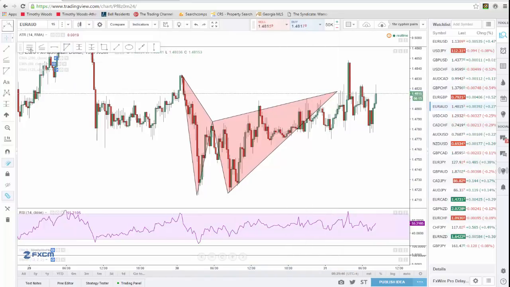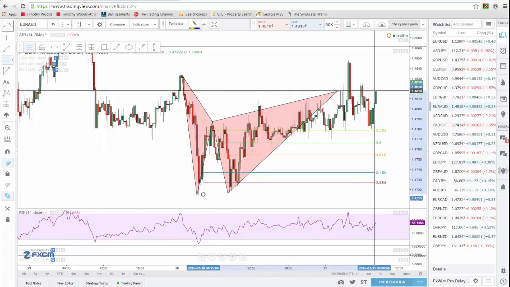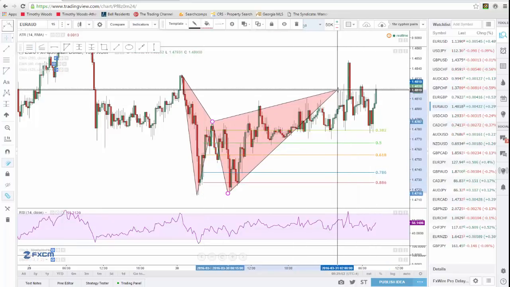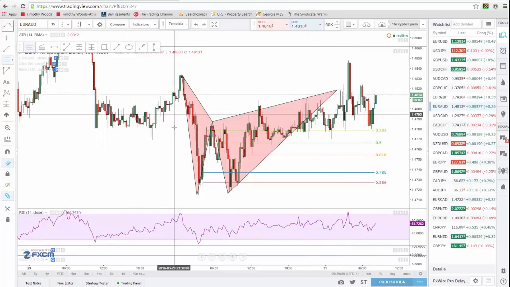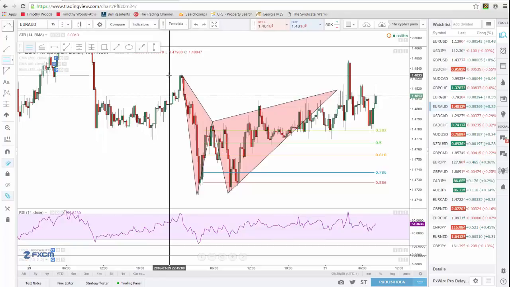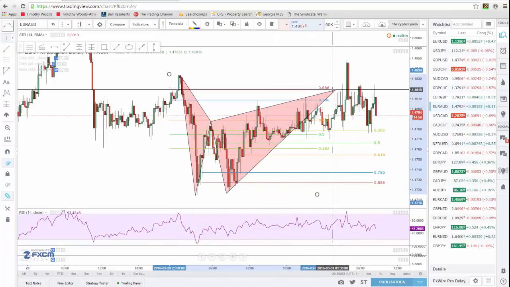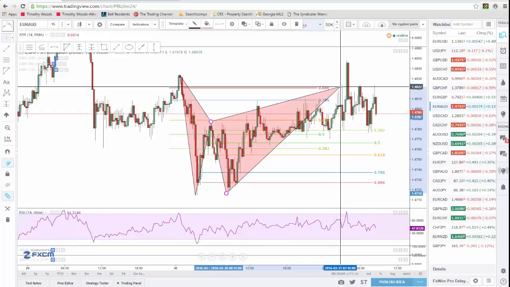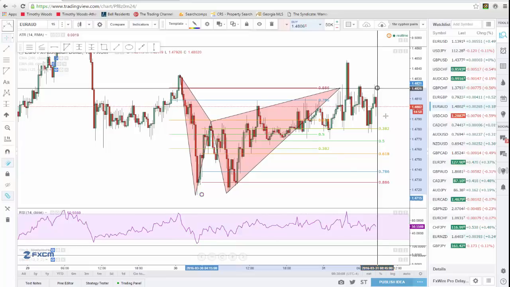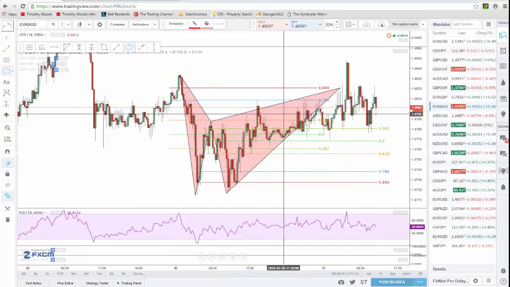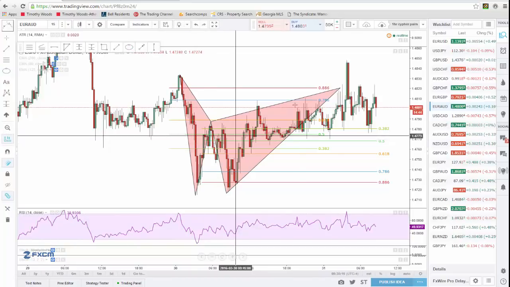If I draw on my targets, you will see that we did come down to hit a 382 right here. Let me go ahead and draw on the 886 as well to make sure my D point's in the right spot. A little bit low, so D is up here. Fibs are up here. As you can see, we easily came down to hit targets here for about 40 pips this morning.